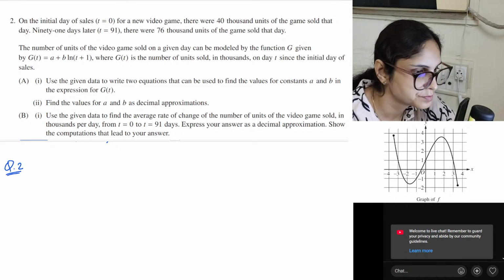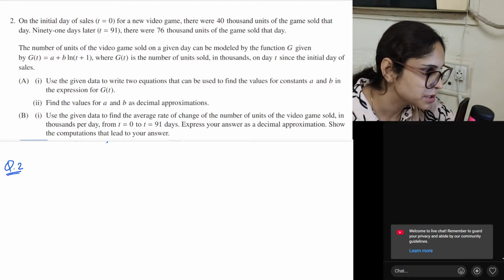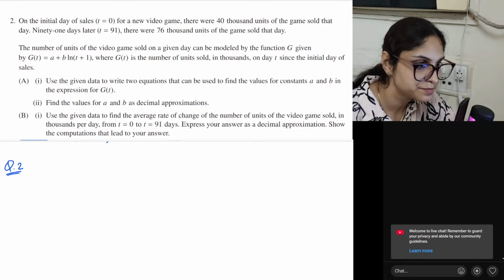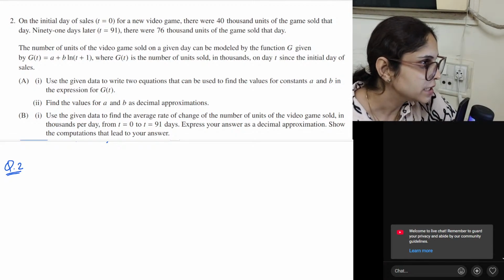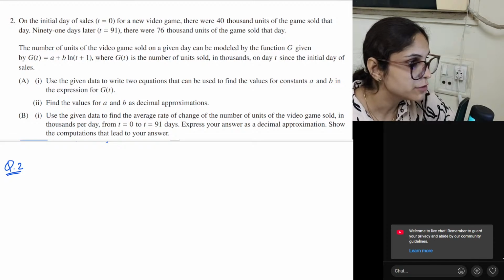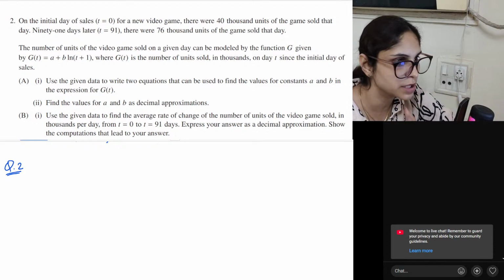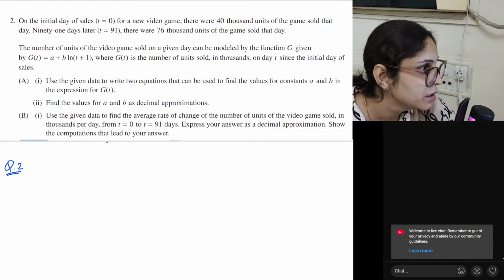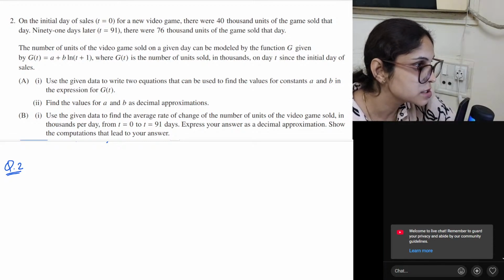Question number 2. We don't need this diagram anymore, so I will get rid of the diagram. On the initial day of sales, t is equal to 0 for a new video game. There were 40,000 units of the game sold that day. 91 days later, t is equal to 91, there were 76,000 units of game sold that day.